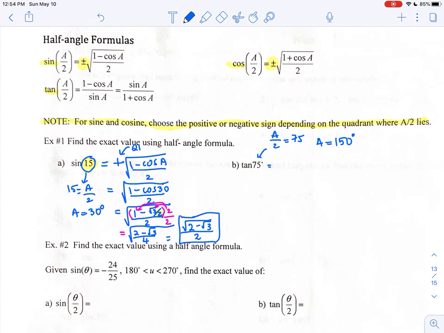So we go to tangent, and tangent has 2 different formulas, and it doesn't matter which one you pick, and neither one is easier than the other one. So you pick one to use, and let's say you picked the minus version. So 1 minus cosine of a, which is 150 degrees, all over sine of a, so sine of 150 degrees.